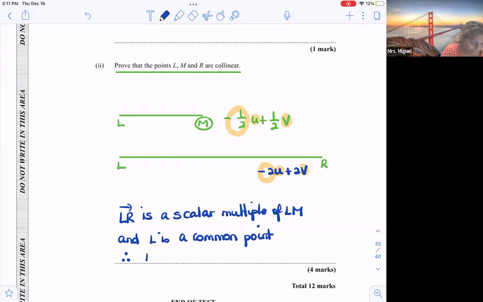Therefore, L, M, and R are collinear. So to prove collinearity, one vector is a scalar multiple of the other, and they have a common point.